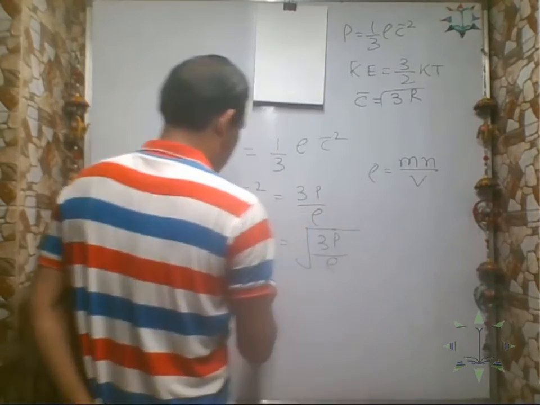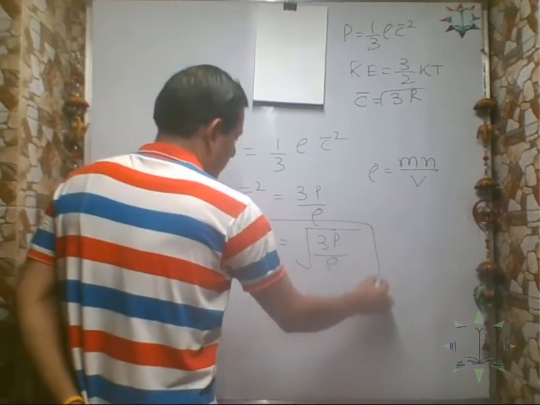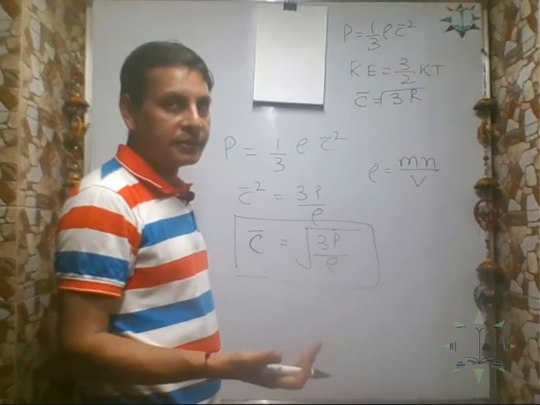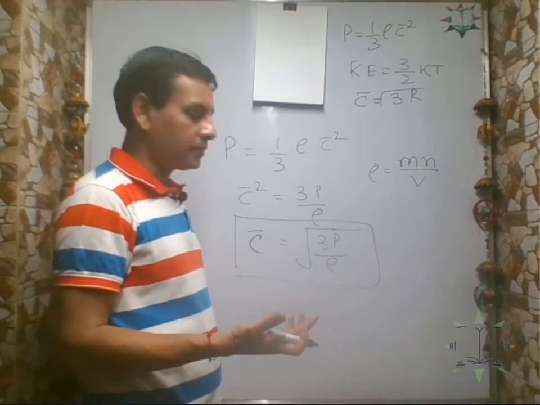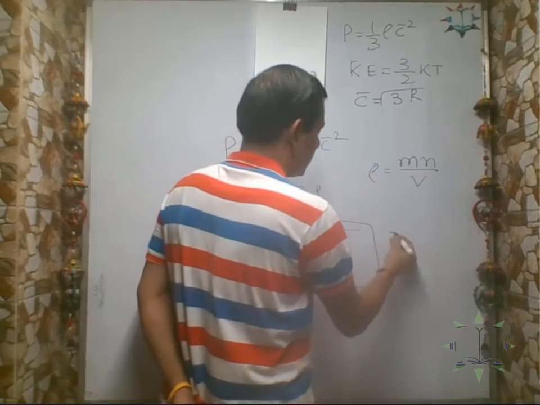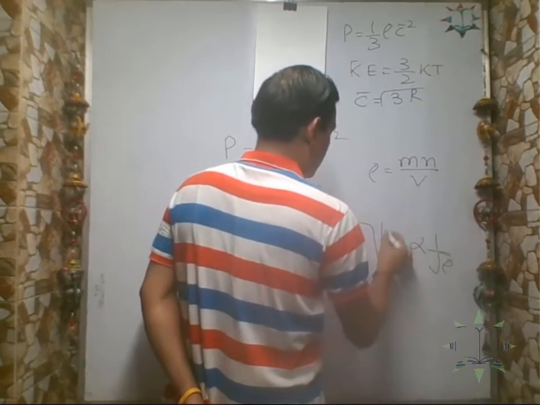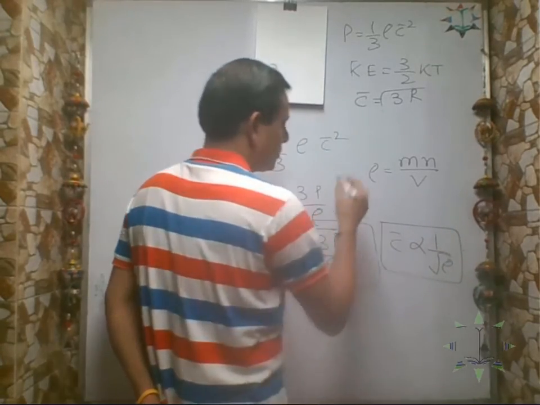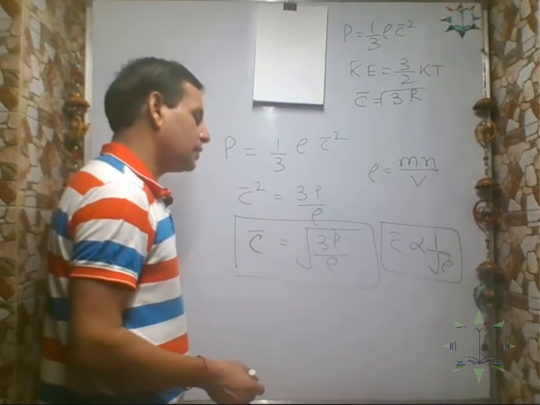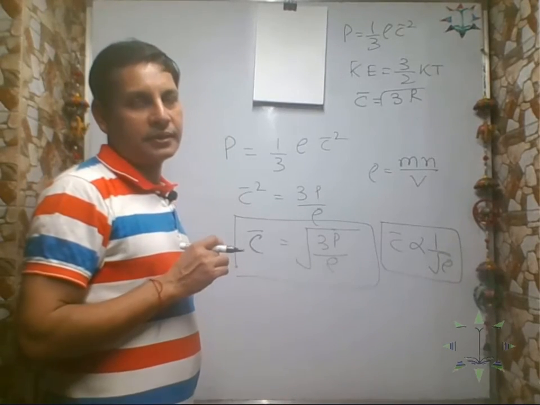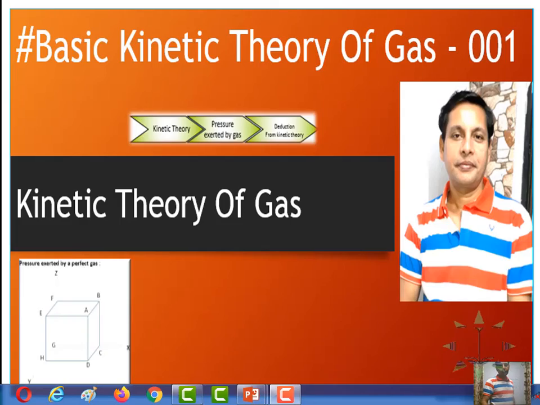So in this way, if the speed is less then the diffusion rate will be less. So they are inversely related. The root mean square velocity is inversely proportional to the square root of density of the gas.